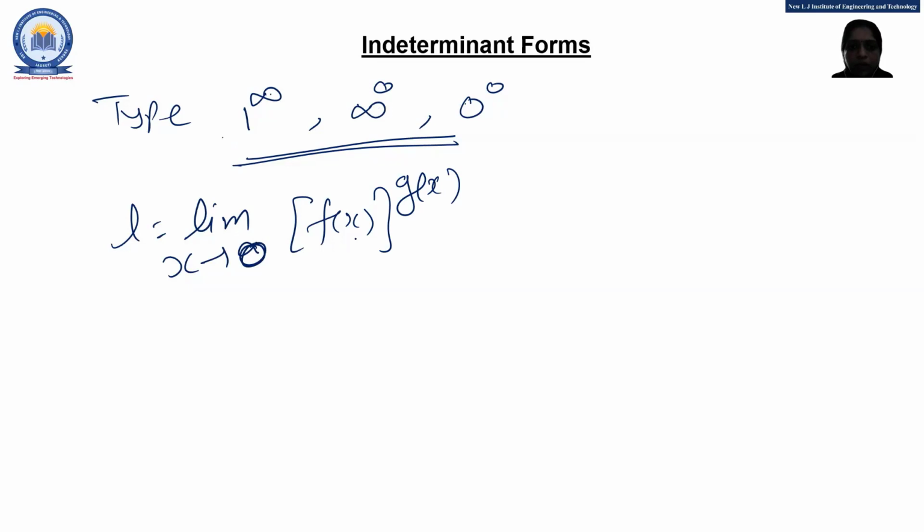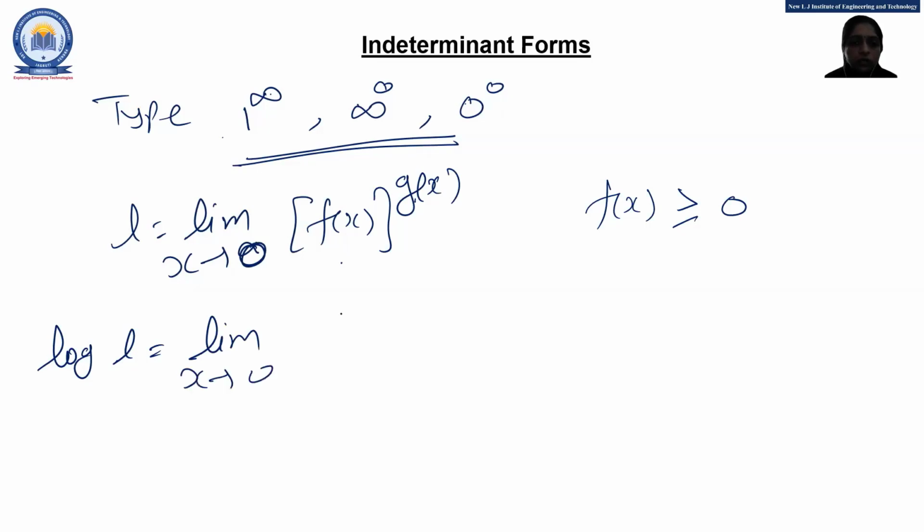For this type, one function is in the base and one function is in the power, where f of x is greater than or equal to 0. So for this type of example, you have to take log both the sides. Log L equals limit x tends to 0 of g x log f x. You have to take log on both sides first, then you have to solve your example.